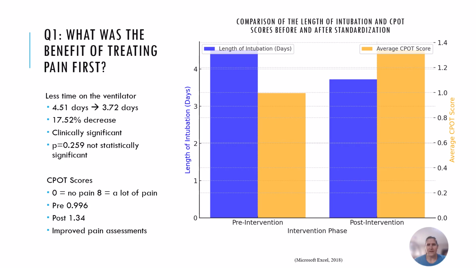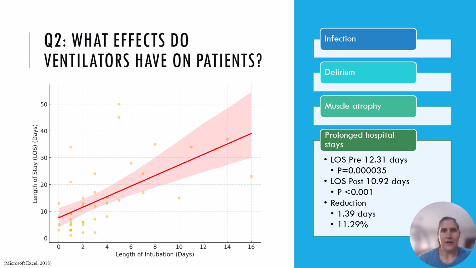Even though statistical significance was not achieved, the trend suggests that identifying and treating pain first may have reduced the time patients spend intubated. There are several well-documented effects that ventilators have on patients, which include pulmonary complications, infections, acute kidney injury, delirium, and muscle atrophy. The pathophysiological impacts of mechanical ventilation can lead to prolonged hospitalizations due to factors such as inflammation and immobility.